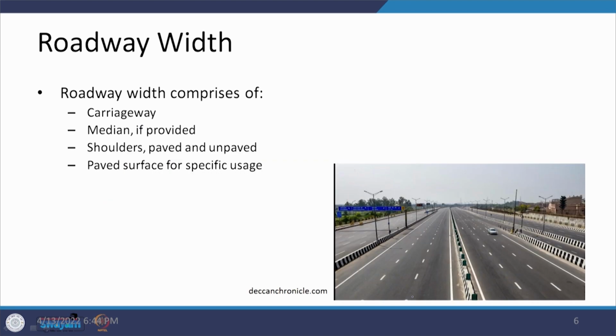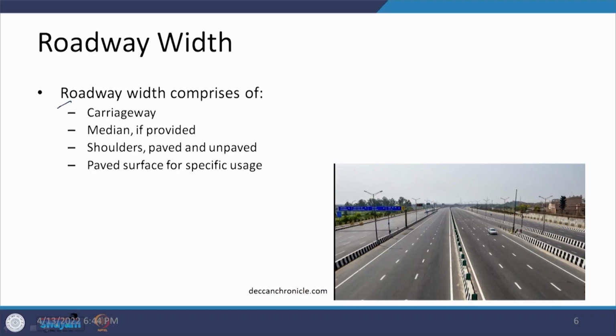Now, when we have the carriageway, then we have the shoulders, then finally we talked about the medians. All of these together constitute the roadway width. So, the roadway width is a combination of the carriageway, median, shoulders, or any paved surface which is going to be utilized for any specific usage.